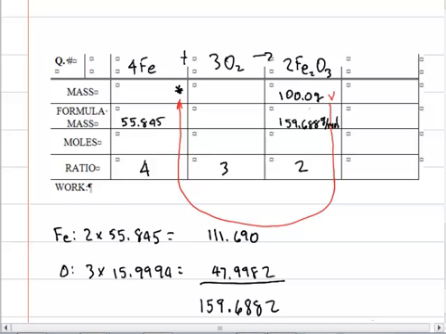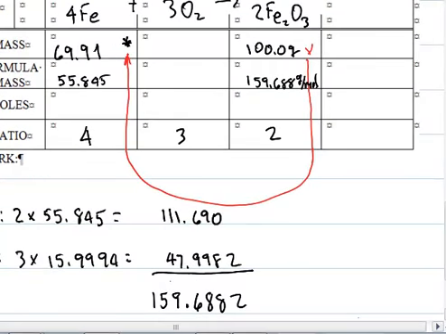You can put in the 0.0 if you want to, although that's not going to really do you any good, just extra keystrokes. 100 divided by 159.688 divided by 2 times 4 times 55.845, and I get 69.94 grams, and that is my answer.